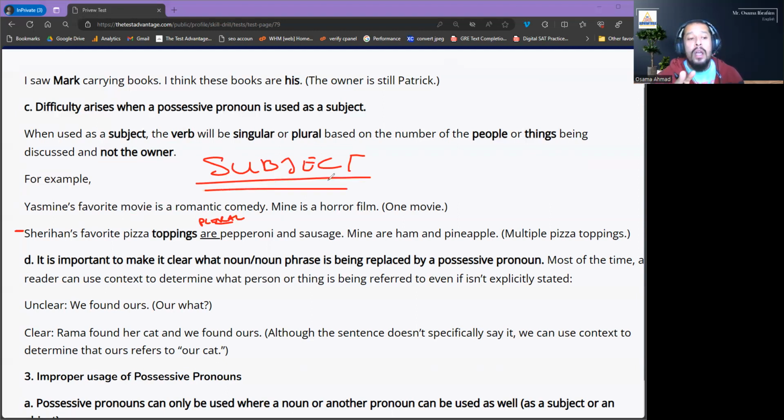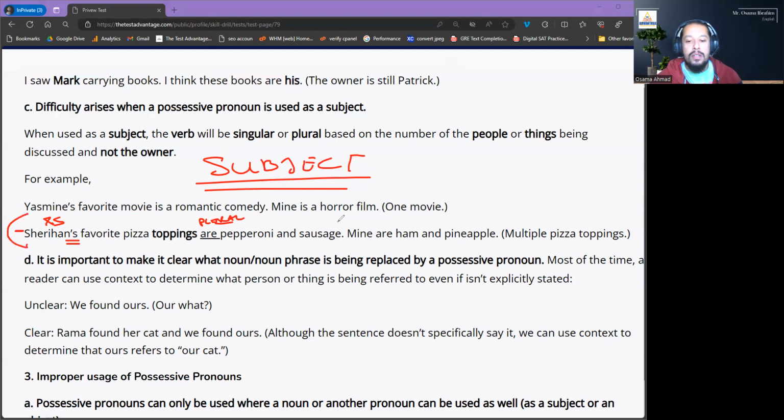The subject. Look at this sentence. Where is the subject? Sherihan's. No. When you see apostrophe s, it cannot be the subject. Try again. Mine.